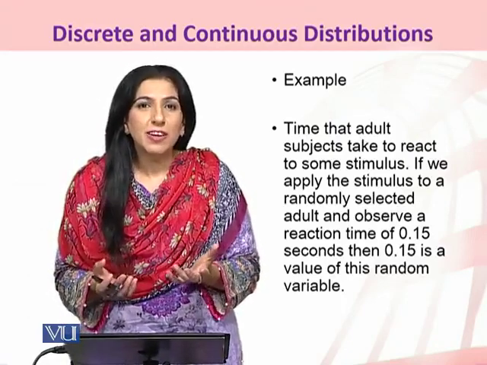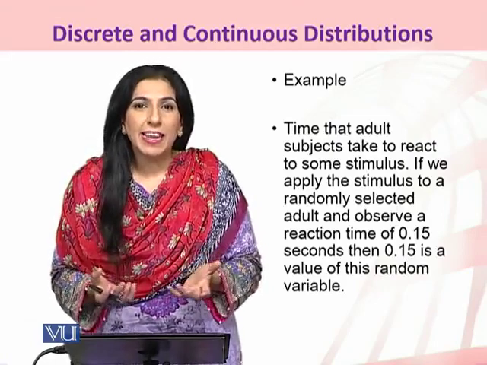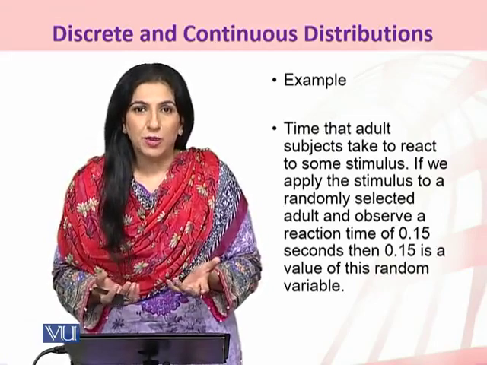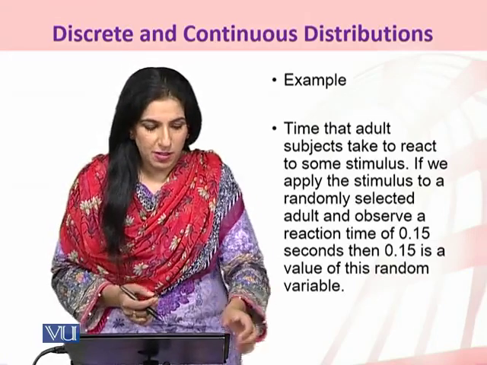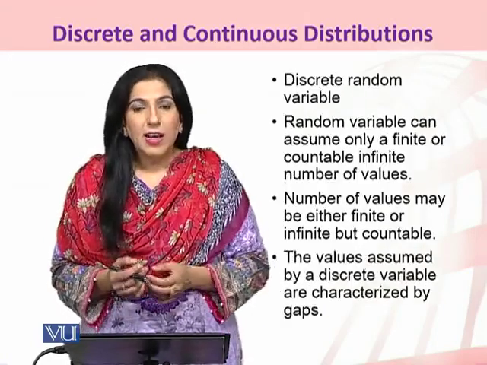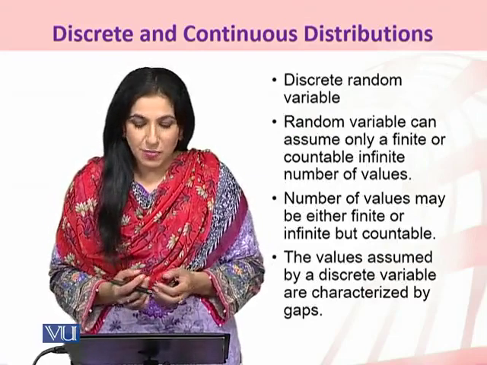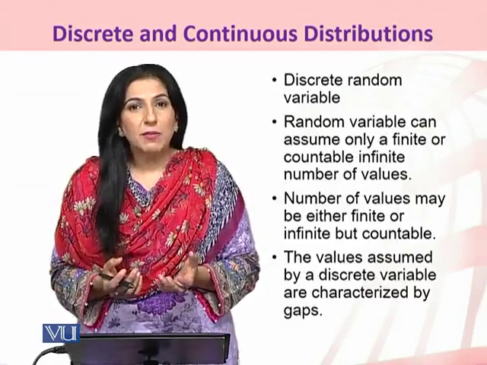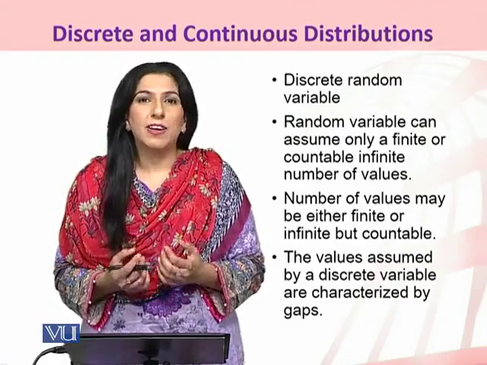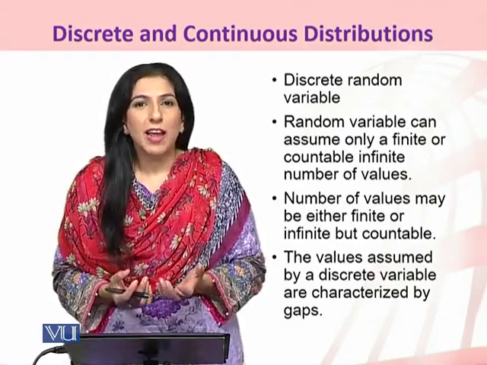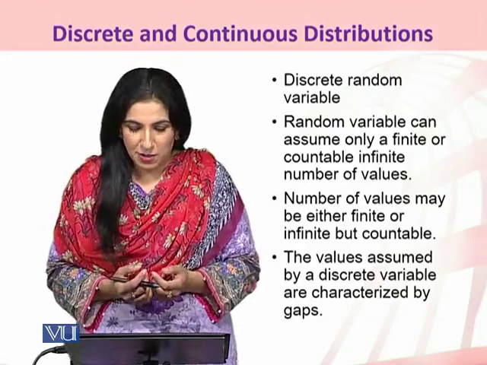Now, my dear students, that value would vary from individual to individual. That is why we call it a variable. So what is a discrete random variable? A random variable that can assume only finite or countable values is known as a discrete random variable.